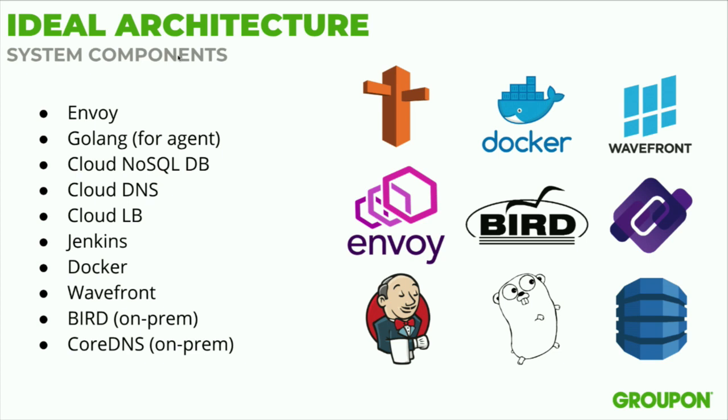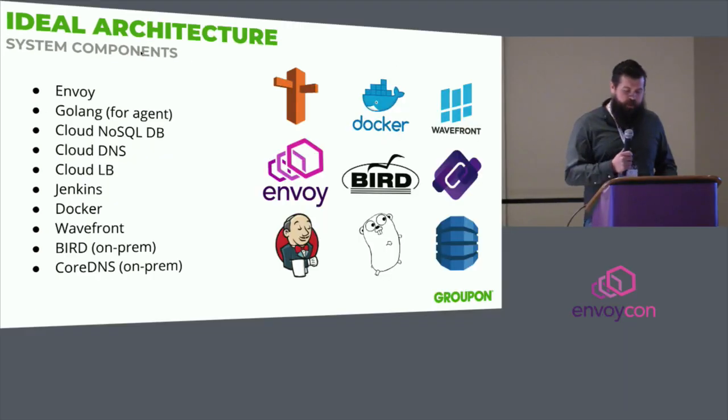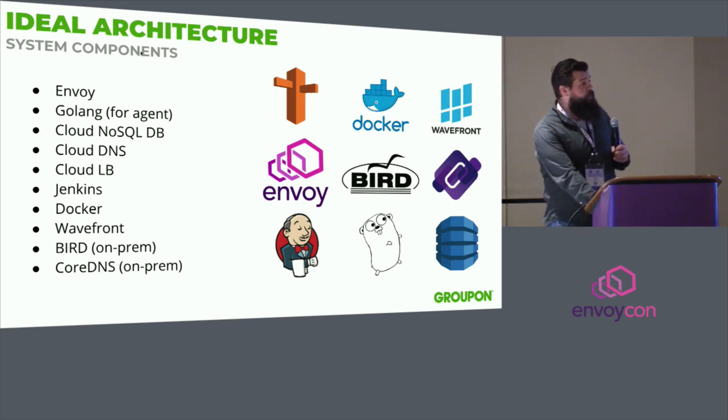We actually are currently using it to handle all of the ingress to Docker containers that are running on our on-prem Mesos clusters today. And it's proven to be a fantastic piece of software for handling that. Super excited to start expanding its usage elsewhere at Groupon and being able to turn on more capabilities for our developers.